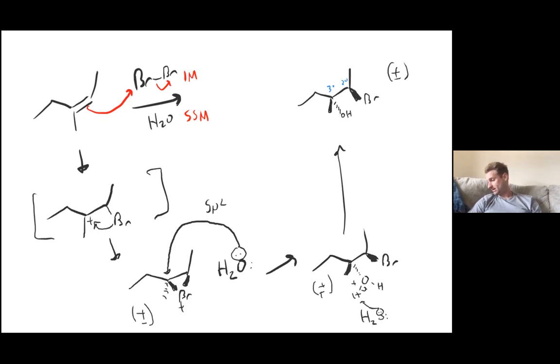Okay, we're going to form some diols. So this was forming a bromination and an alcohol. Now we're just going to form 2 alcohols. There's 2 different ways to do it. One of them is going to give us a syn product.